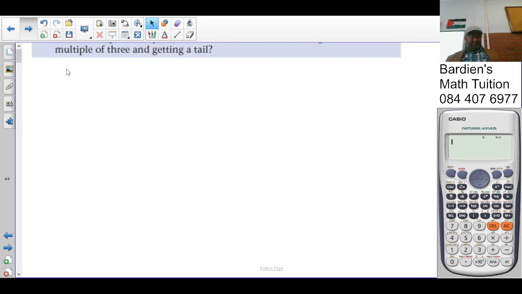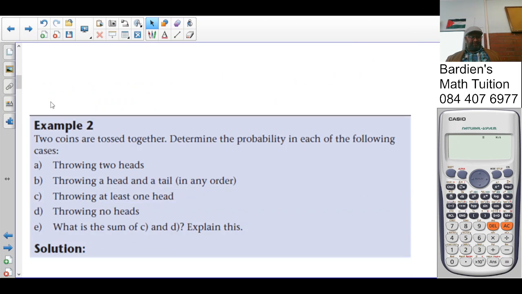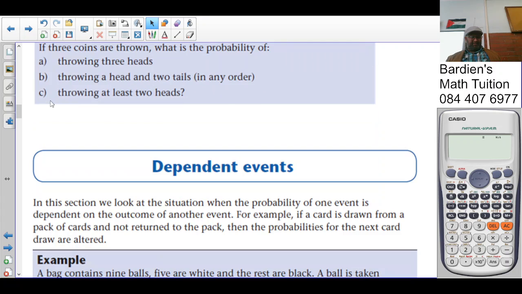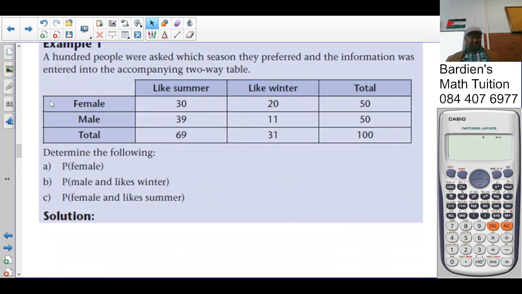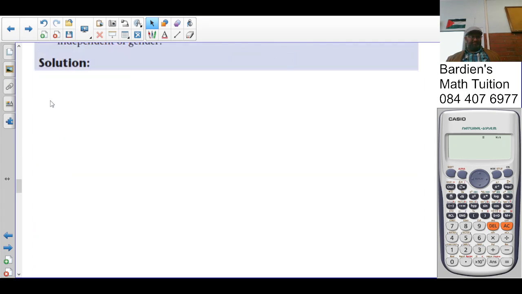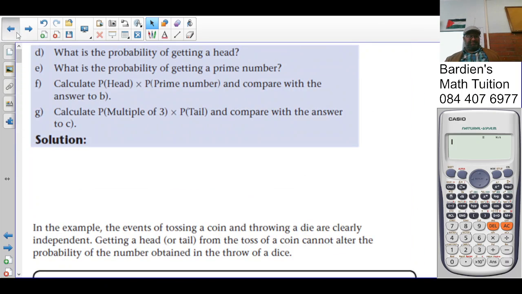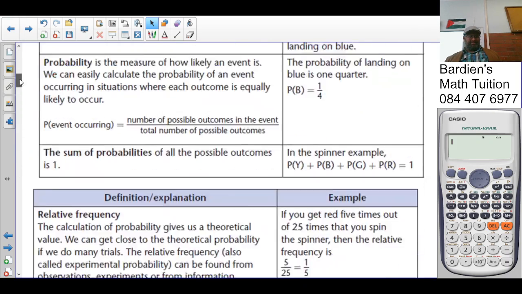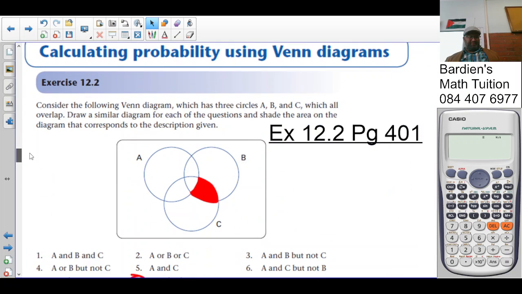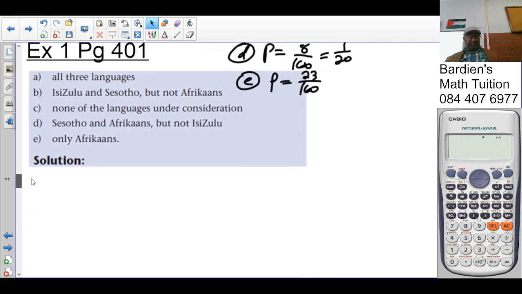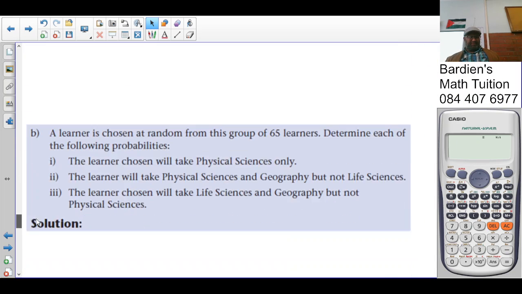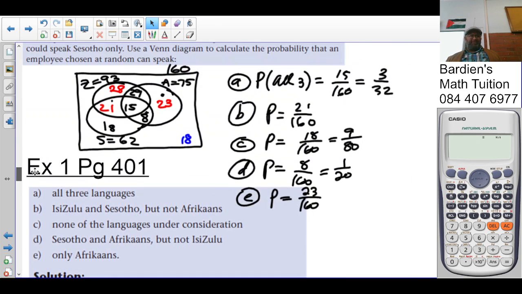We did 3 lessons on this already. We did example 1, eh?